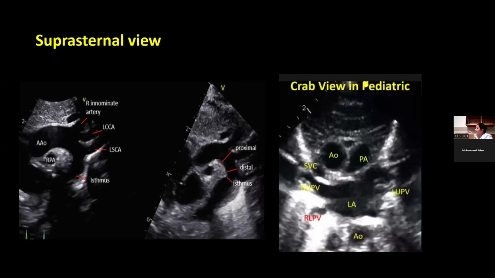By modifying the views through the suprasternal area, we can get the branch pulmonary arteries and the pulmonary vein as well.